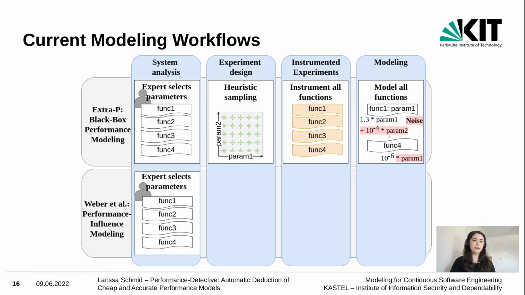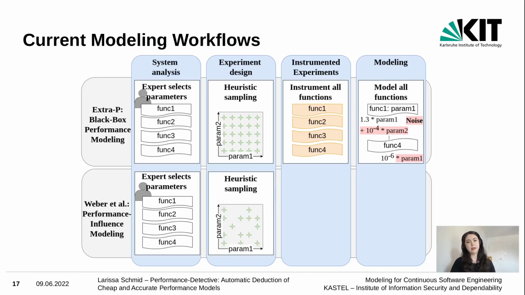For Weber et al., they start off in the same way. An expert selects the parameters. However, they use a different approach to this sampling, where they use a Plackett-Burman design, where you decide about how many measurements you want to take, and also how many values per parameter you want to have, initialize that with a random seed, and then end up with the measurements you have to take.